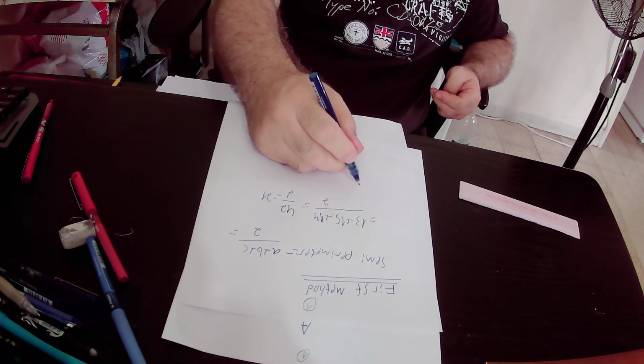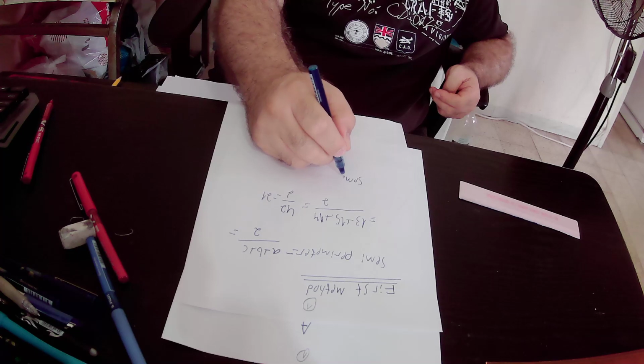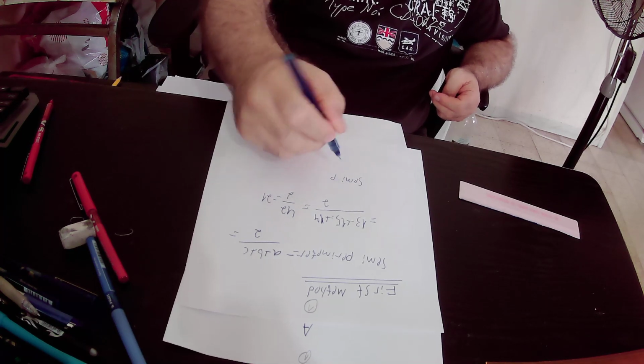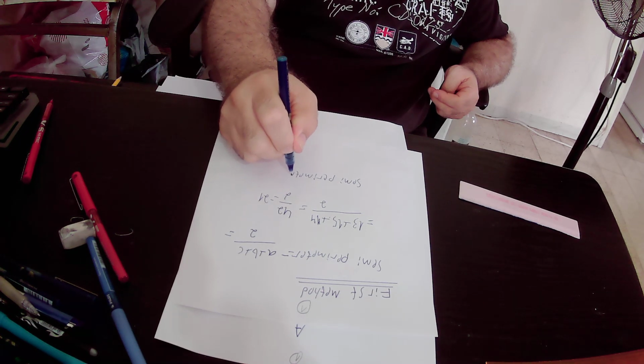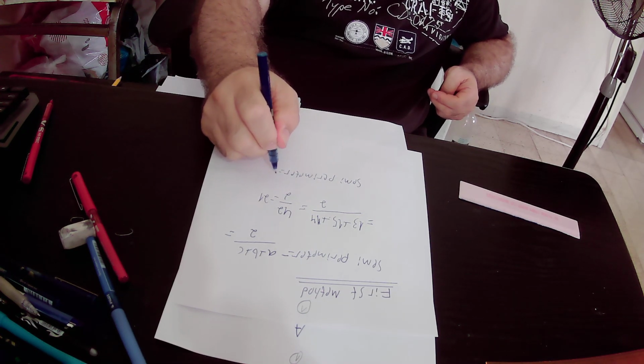So the semi-perimeter of triangle ABC equals 21 units.